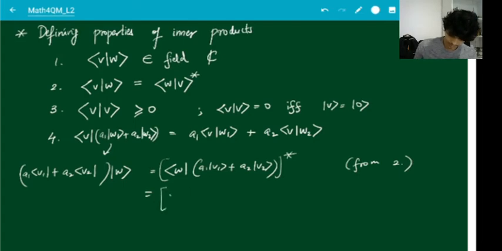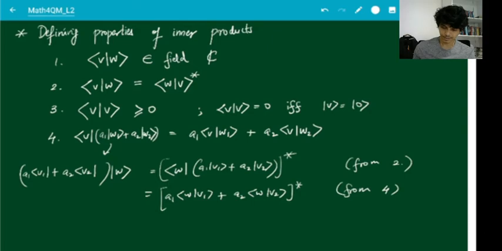So we know that this is A1 WV1 plus A2 WV2. And now I can take complex conjugates. So this becomes A1 star, but star of WV1 is just the flipped, V1W, again from 2, plus A2 star, and the inner product of W and V2, when I complex conjugate it, just gets flipped. So I get V2W.